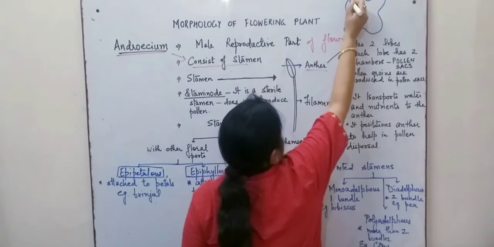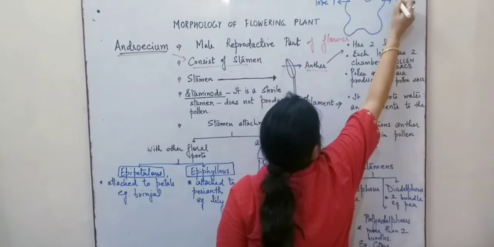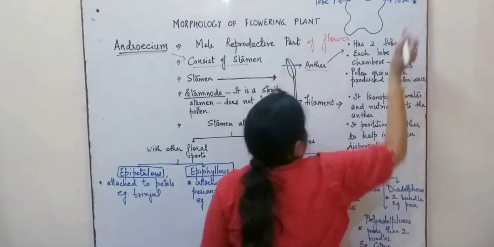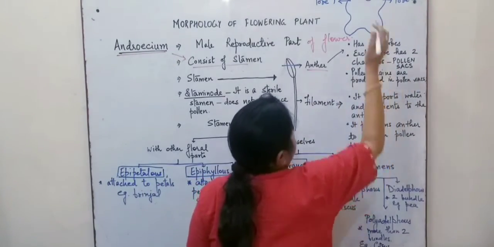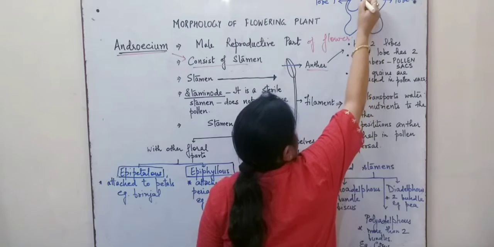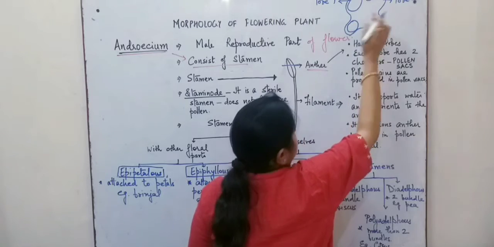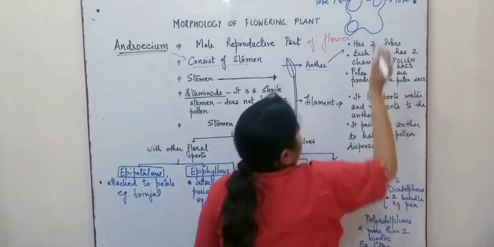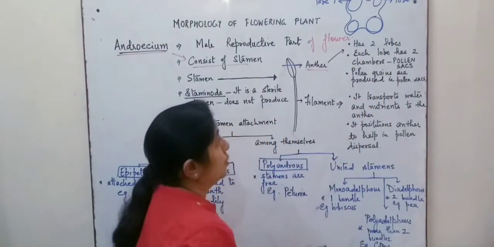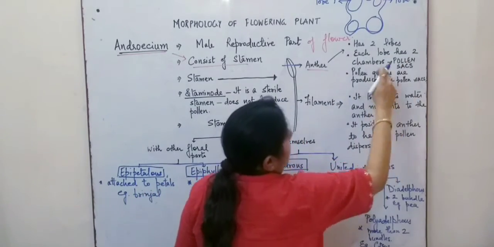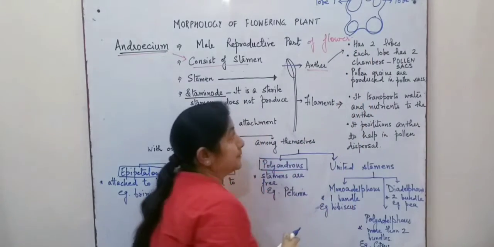So this is lobe 1 and this is lobe 2. So these are the two lobes, and each lobe has two chambers. So this is chamber 1 of lobe 1, and this is chamber 2 of lobe 1. This is chamber 1 of lobe 2, and this is chamber 2 of lobe 2. So each of the lobes has two chambers, and these are known as the pollen sacs.